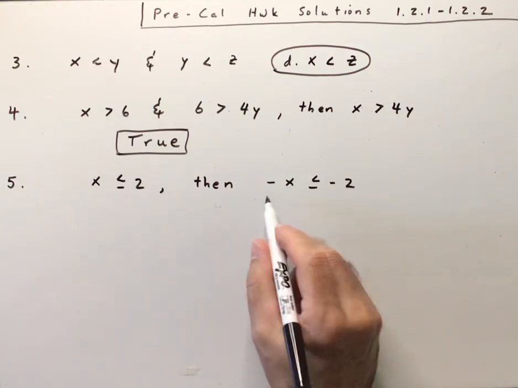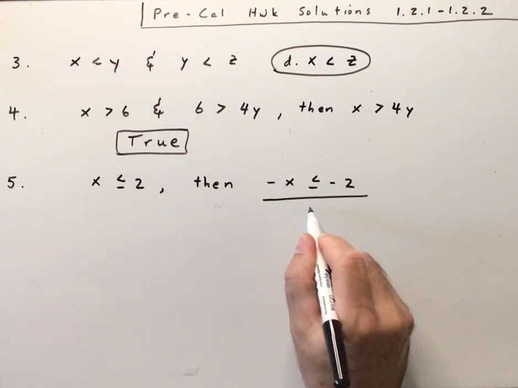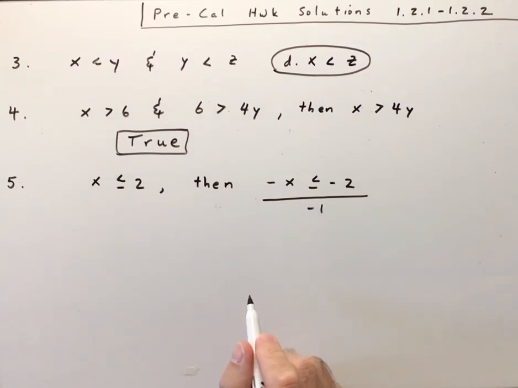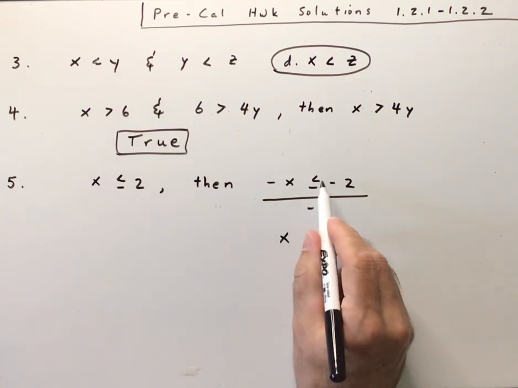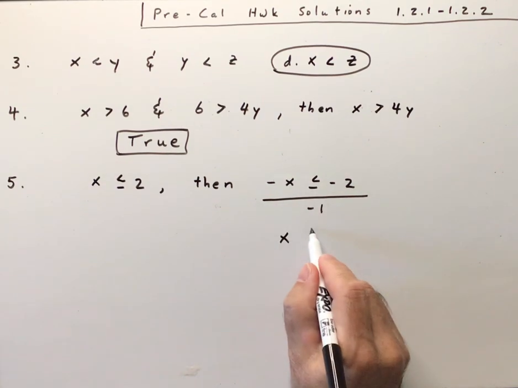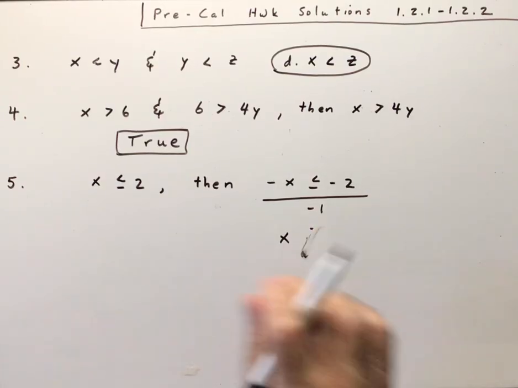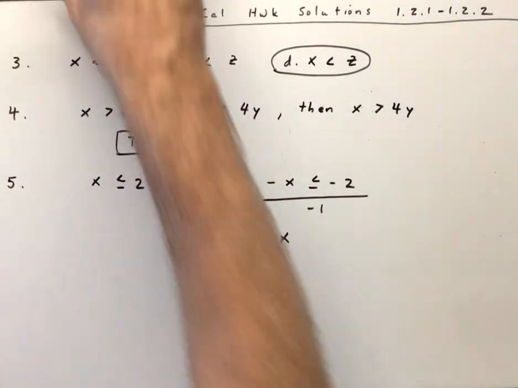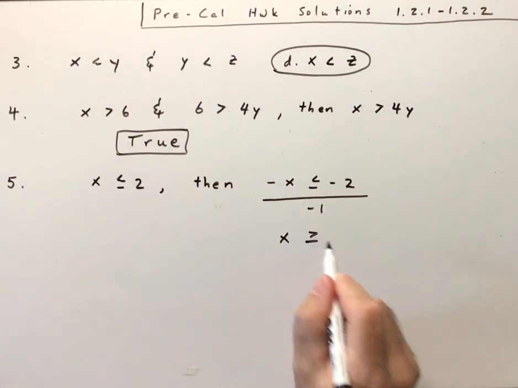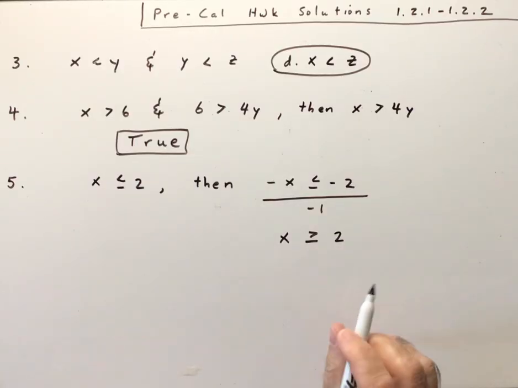So if we divide both sides by negative 1, we would have x, and then if you divide by a negative, remember you have to flip the sign. Divide by a negative, flip the sign. So the sign goes the other way now. And then negative 2 over negative 1 is 2.